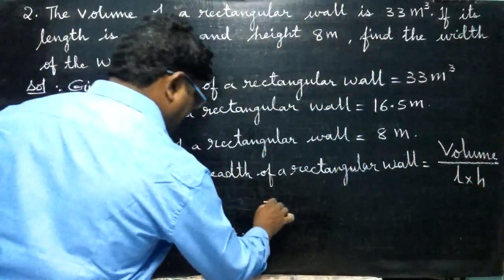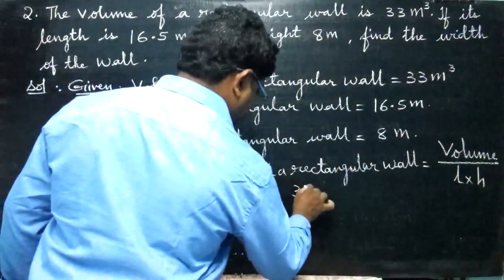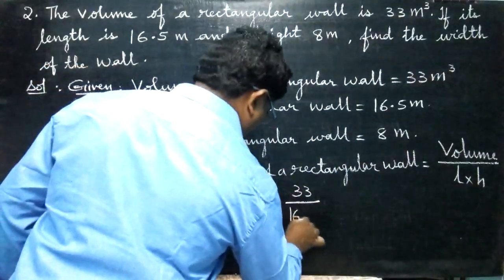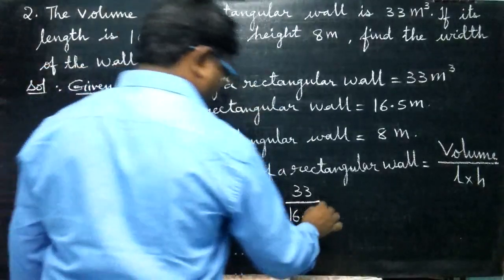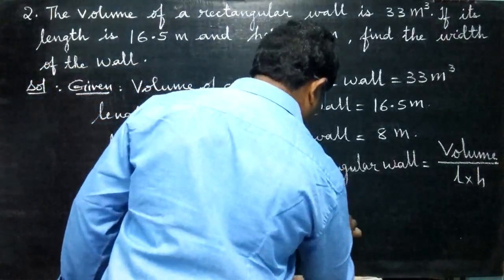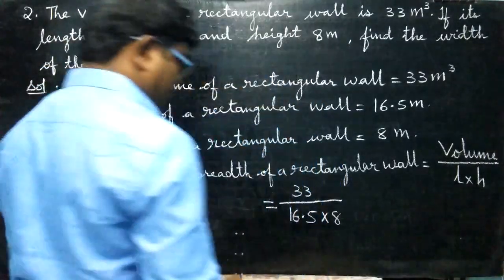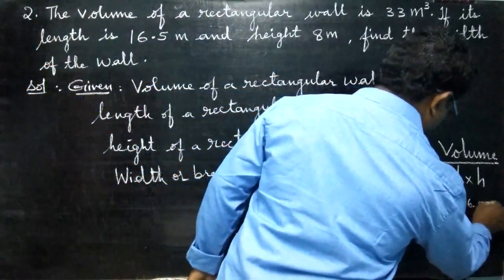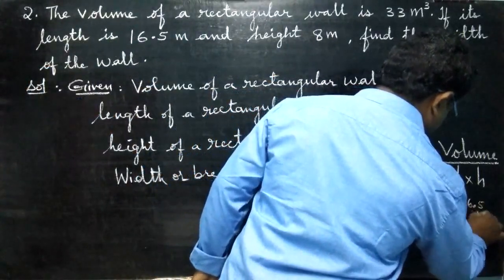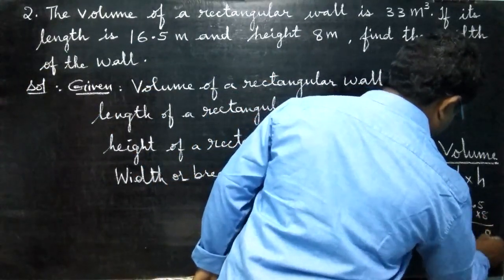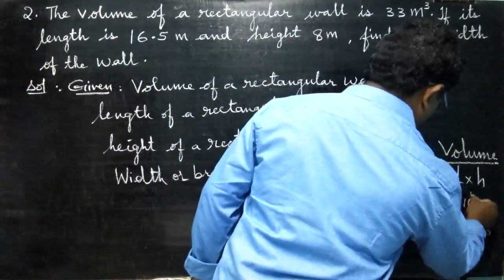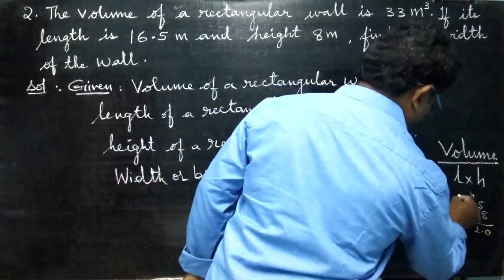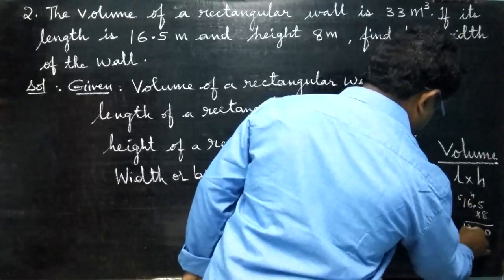That is 33 by 16.5 into 8. Now multiply 16.5 into 8.